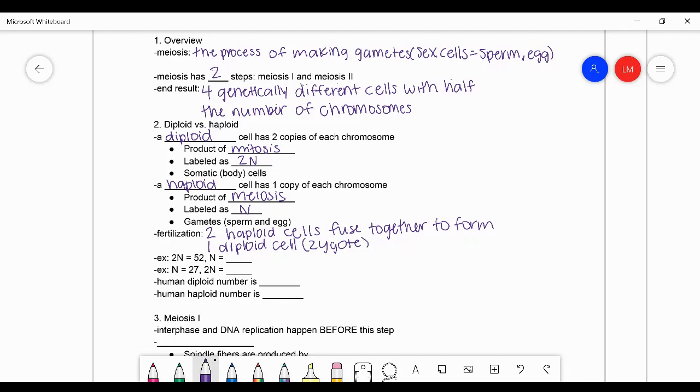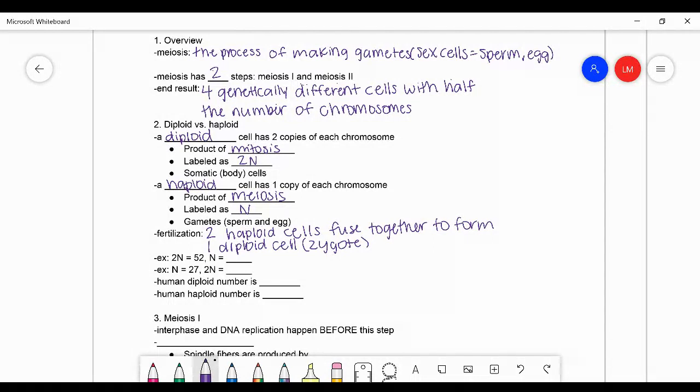So if 2 diploid cells fused, that cell would have 4 copies of each chromosome, and that's just not going to work. So as part of sexual reproduction, haploid cells are made so that when they're combined, it makes a new diploid cell, which gives rise to a brand new organism.